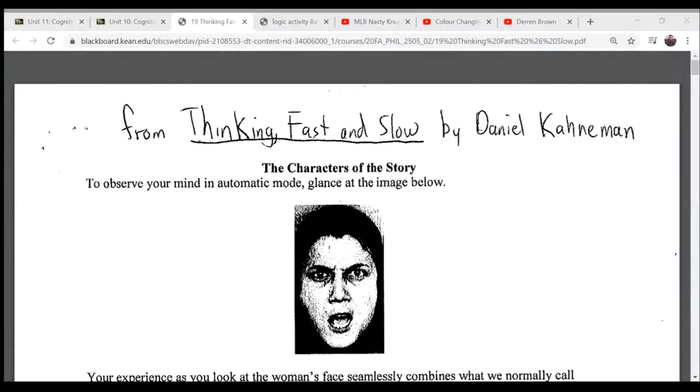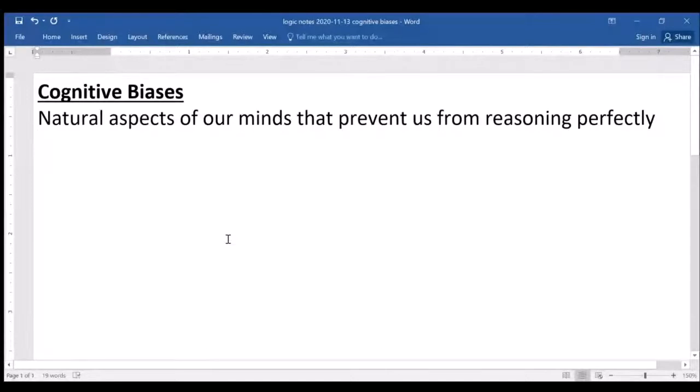And before we actually do some close reading of this, I want to just set the scene. We'll be talking about what are called cognitive biases. Now, cognitive bias is, generally speaking, a natural aspect of human minds that prevent us from reasoning perfectly.